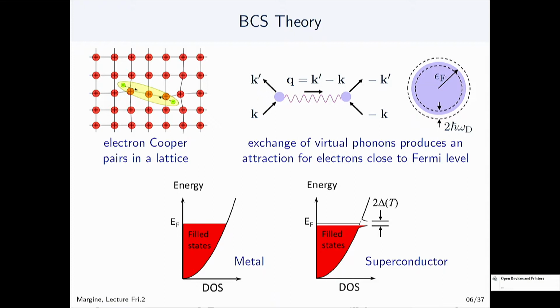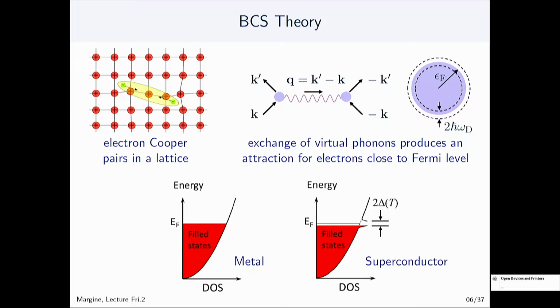In other words, they can condense and occupy the same energy level. As a result, a gap opens in the single particle excitation spectrum of a superconductor. This gap is 2 delta, and it depends on temperature.